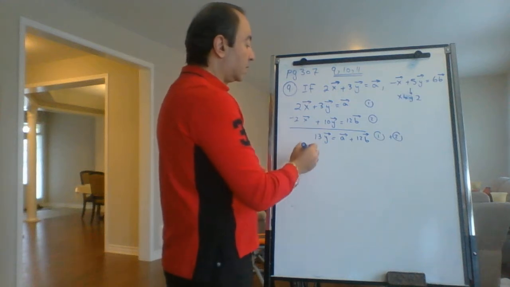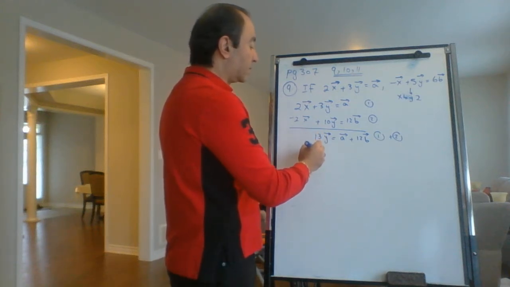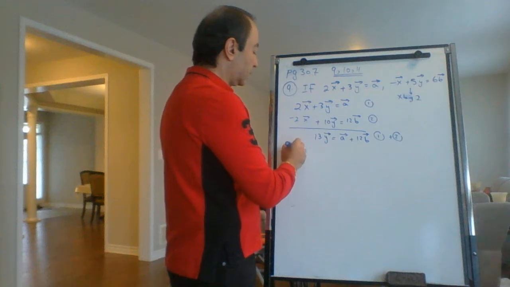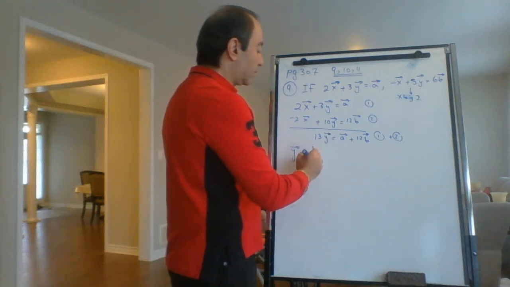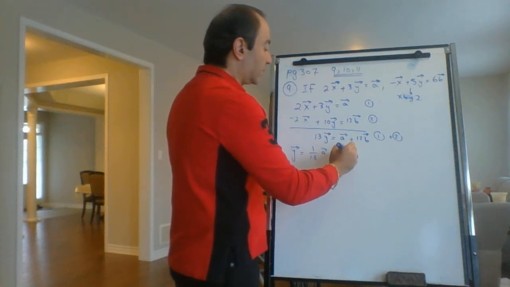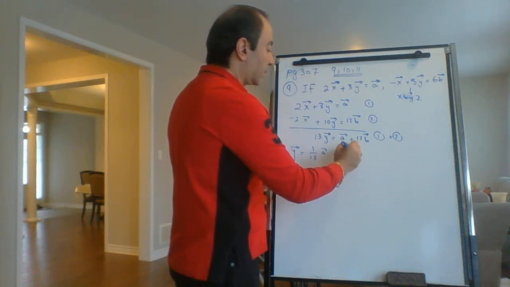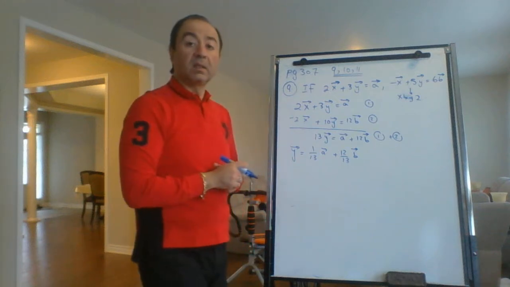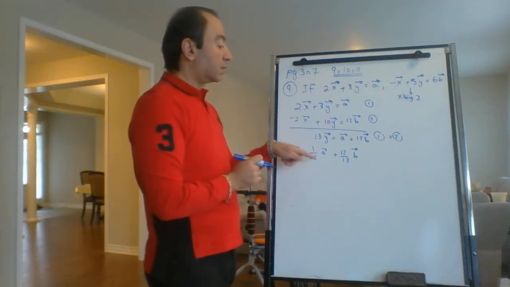Now I can isolate the y by dividing everything by 13. So vector y will equal 1 over 13 vector a plus 12 over 13 vector b. So now we succeeded in making vector y in terms of a and b.